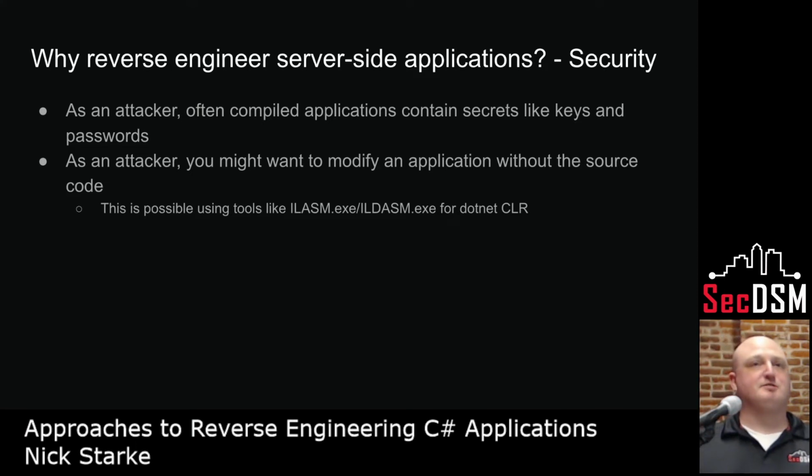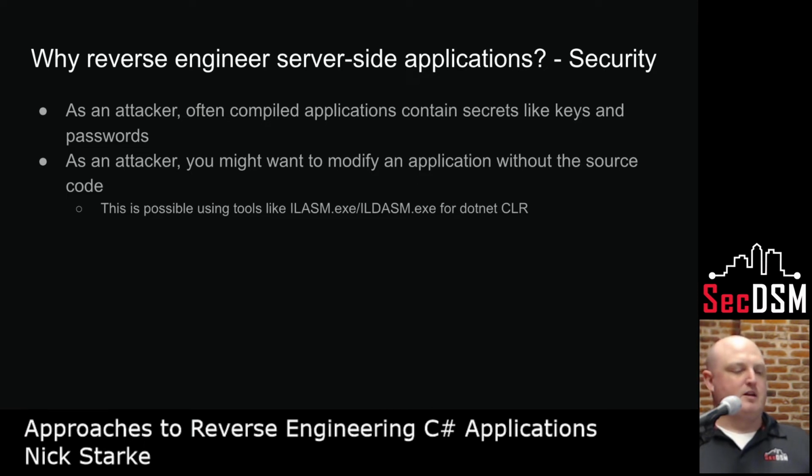A lot of times that's just hard-coded into the application, and as an attacker, I want access to those secrets. The other use case for reverse engineering server-side applications: I, as an attacker, may want to modify your application to do something that benefits me and probably causes a problem for you.